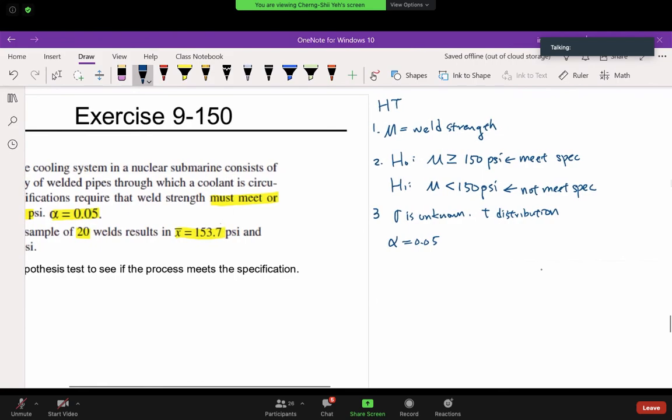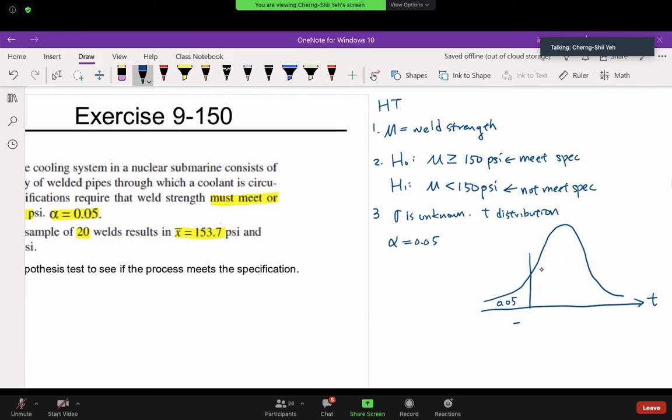So I'm going to sketch it and let's derive the critical value together. T distribution, lower bound. Okay, so this is my one-sided lower bound. We know this probability is 0.05.